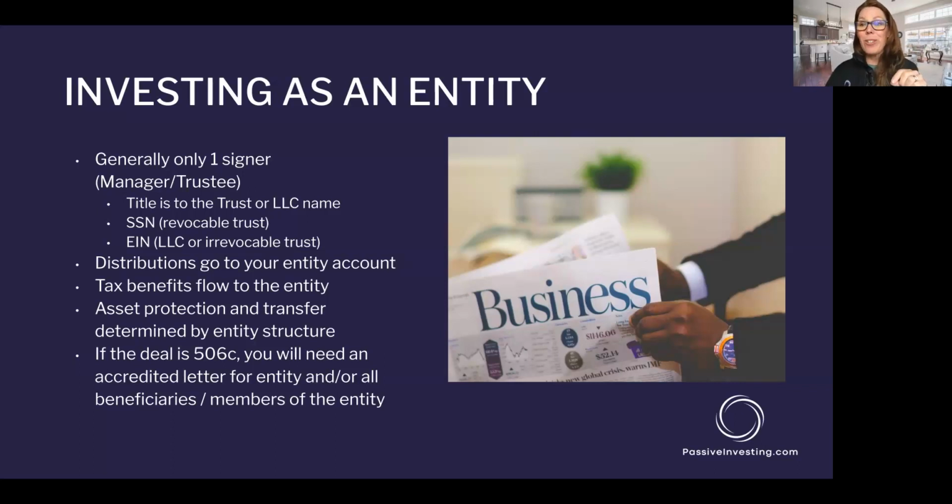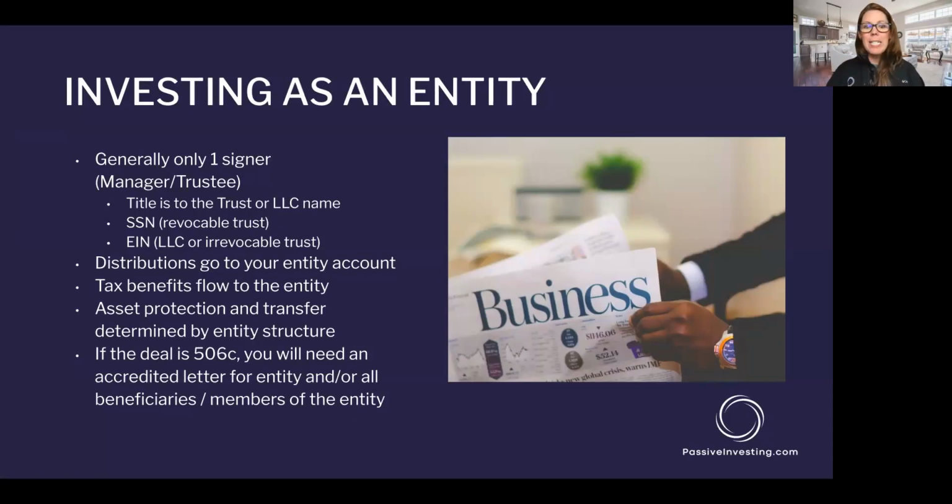If you invested through an LLC, they need to go back to your LLC. We're not managing that. That is the onus on you as the investor. Now, tax benefits are going to flow to the entity, to the LLC or to the trust, depending on how you invested.